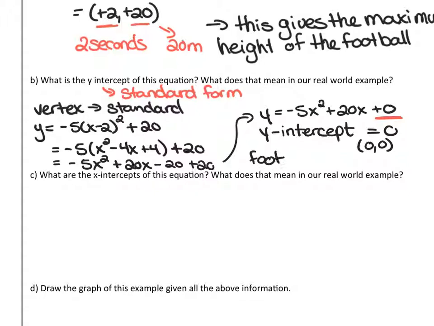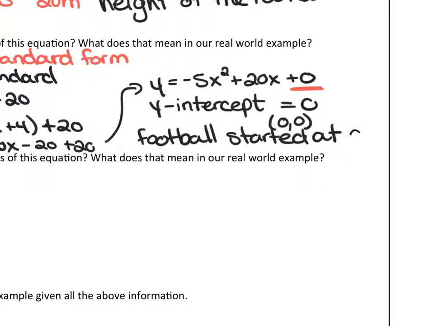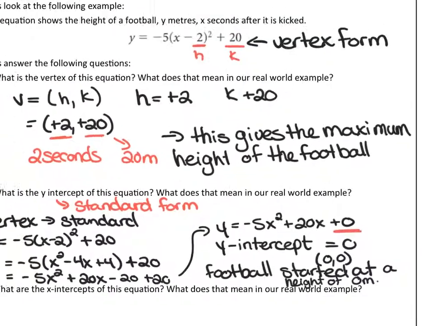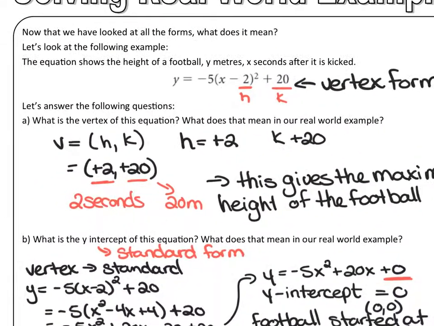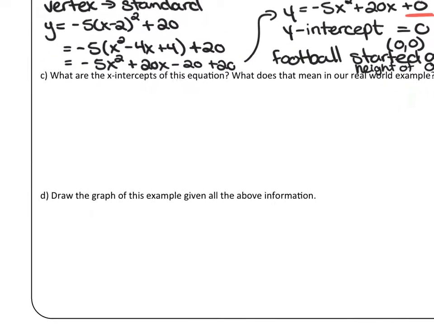The football started at a height of 0 meters, so it's on the ground, which makes sense in our example because when it's been kicked, most footballs are kicked from the ground at a height of 0.